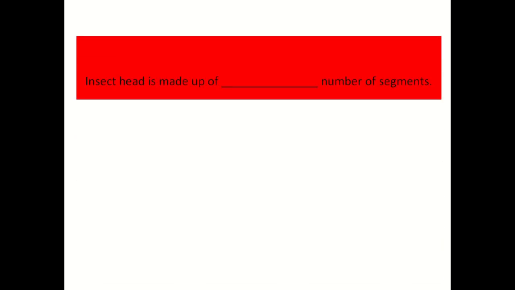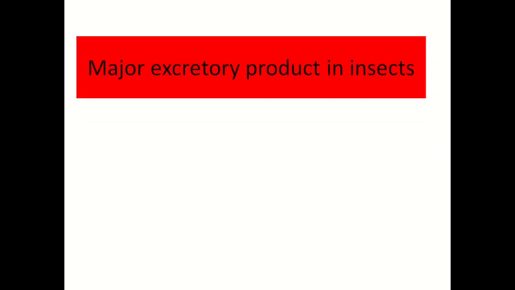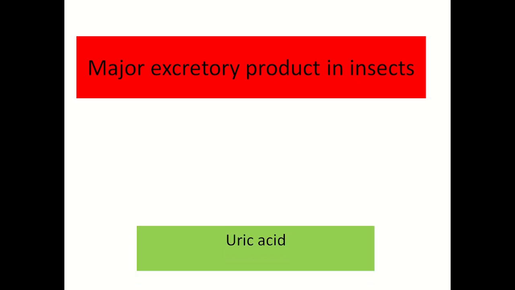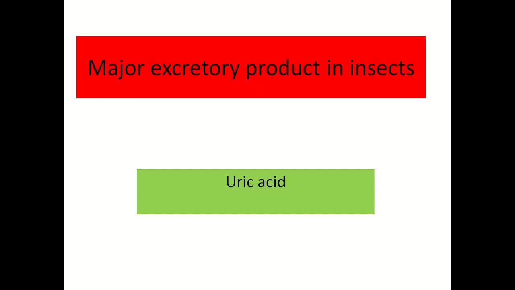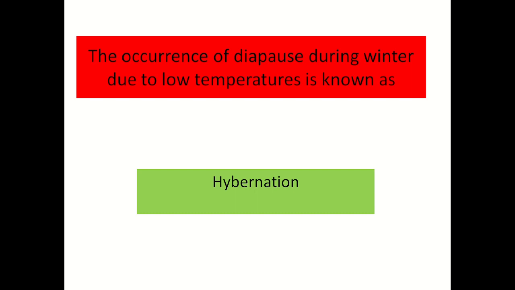Insect head is made up of 6 segments. Major excretory product in insects is uric acid. The occurrence of diapause during winter due to low temperature is known as hibernation.